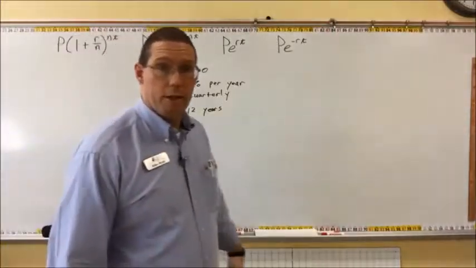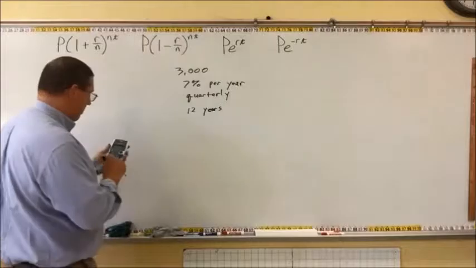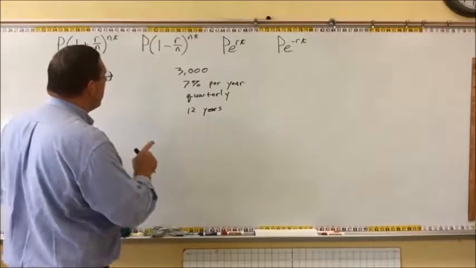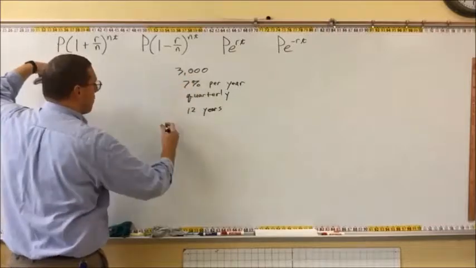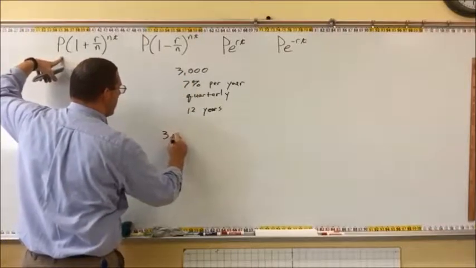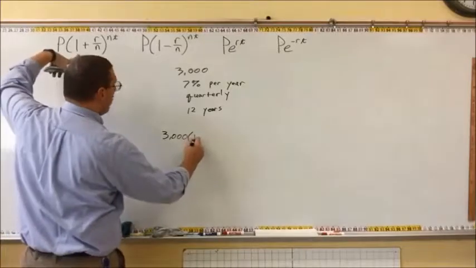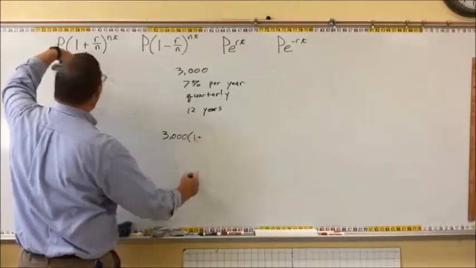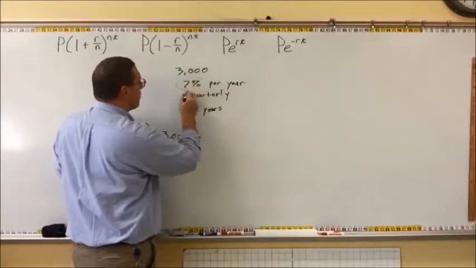You're going to need a calculator for this, okay? Just grab a calculator. Step one is plug all the numbers in. So we're going to put a 3,000 in for P. So P, 3,000, then a parenthesis, then a 1, then a plus, R over N. In this case, R is 7%.